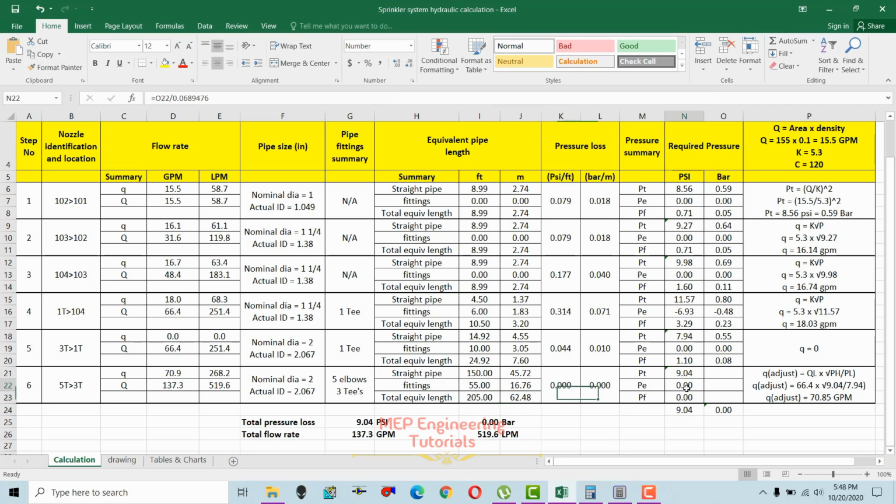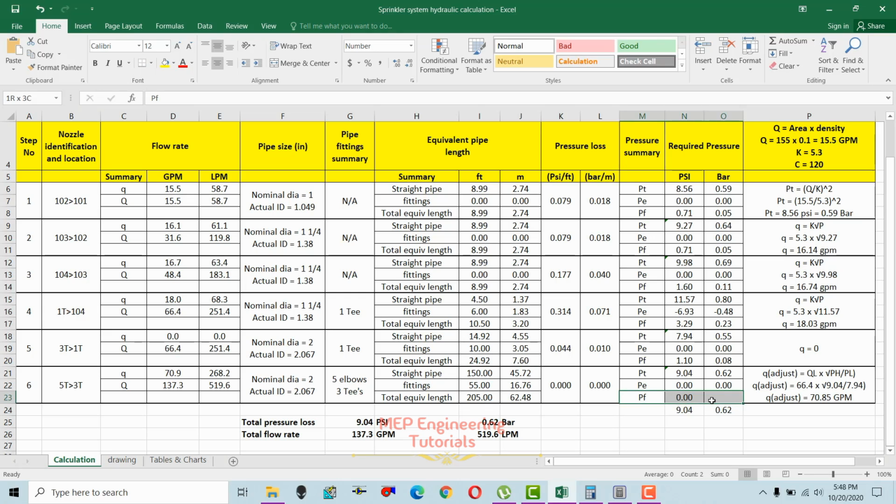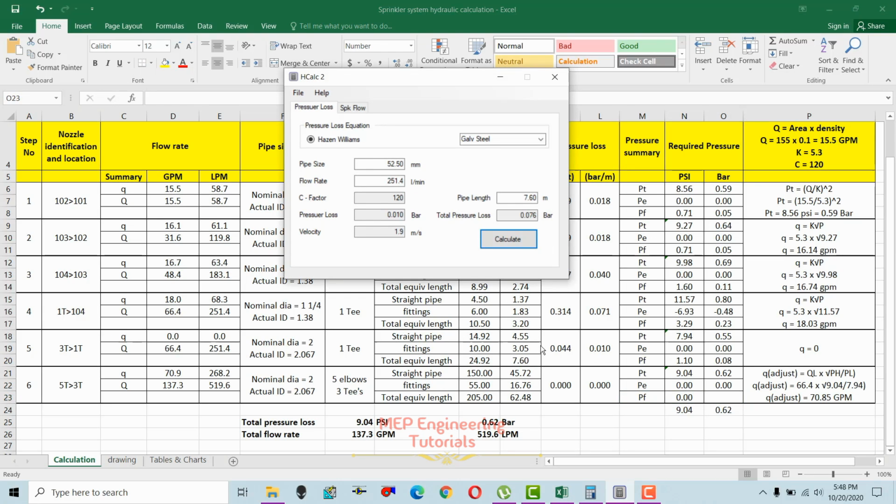So now we are going to calculate the PT in bar. It's the same as I calculated above, the sum of these three values, and there's no change in elevation, so I'm going to write 0. Now I'm going to use again the hydraulic calculator or Hazen-Williams formula. This is 2-inch again, 2.067 means 52.5 mm, and flow rate is 519.6 liters per minute.